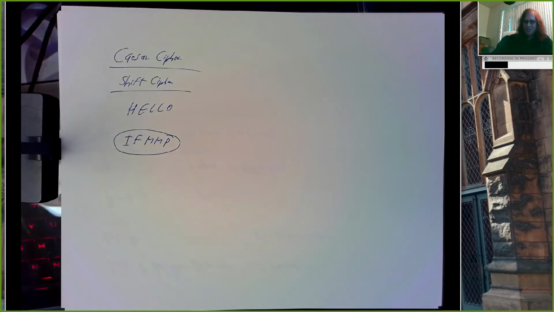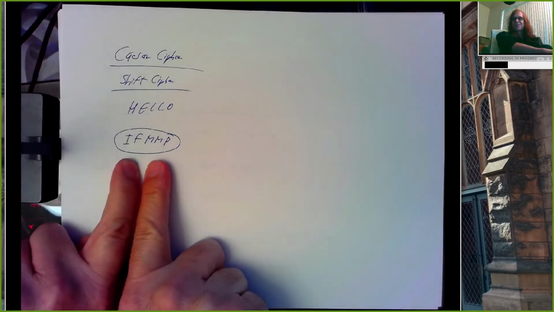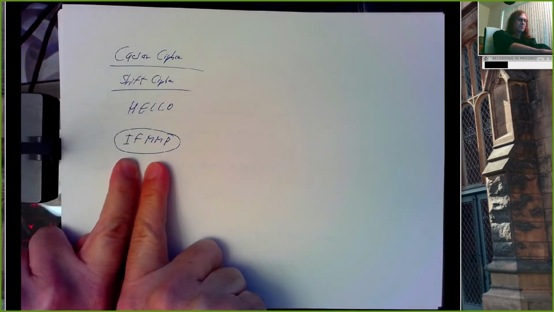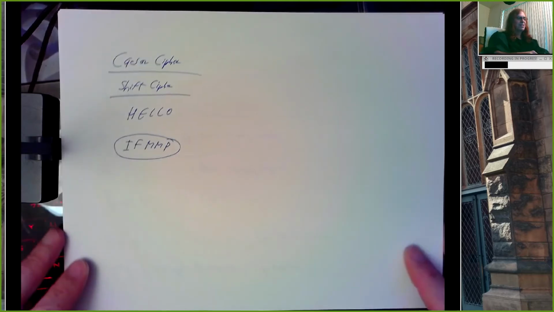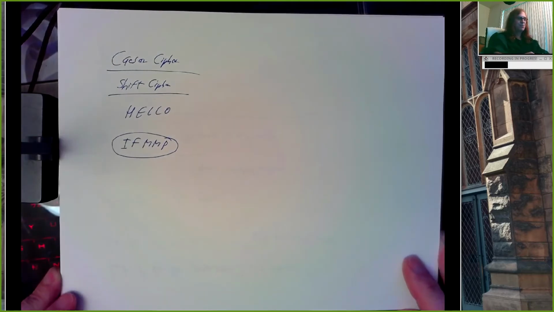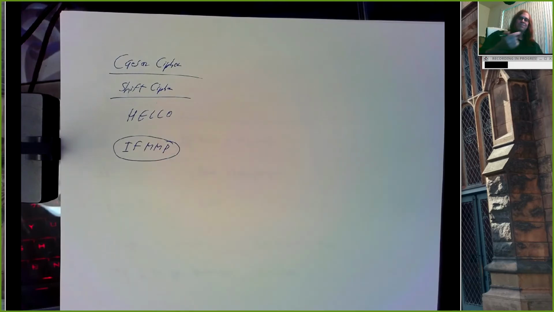And if somebody intercepts my courier and steals the parchment, and they see this on it, they're not going to know what the message is. Right? Now that's the idea. And if you're the first person to have come up with this idea, that's pretty secure. Right? Somebody looking at this, they're going to be like, I-F-M-M-P, I don't know what that means.